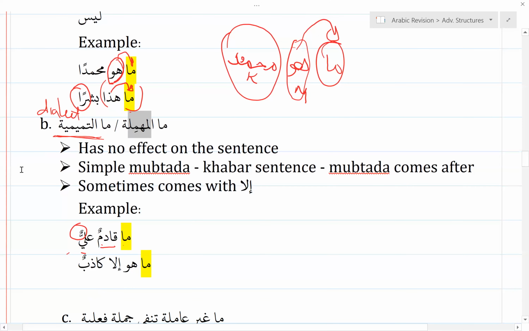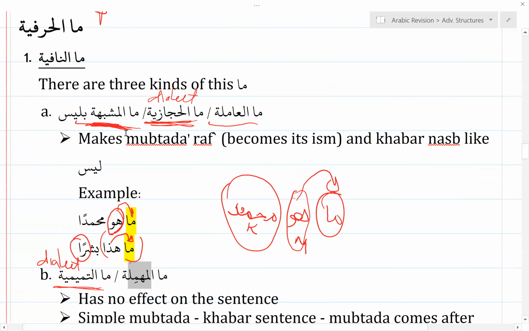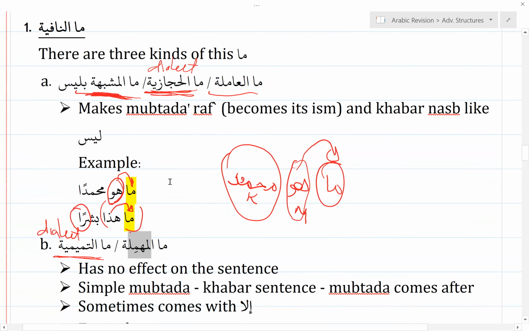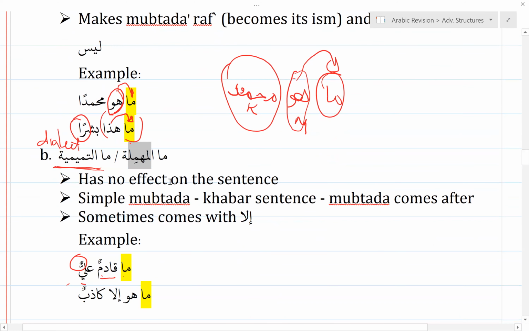Sister, yes. Ma al-hijaziyya, how can we make out the difference between the two when we are given a sentence? Hijaziyya would be with the pronouns, and this would not be with the pronouns. It is hijaziyya if there's no tashkil.